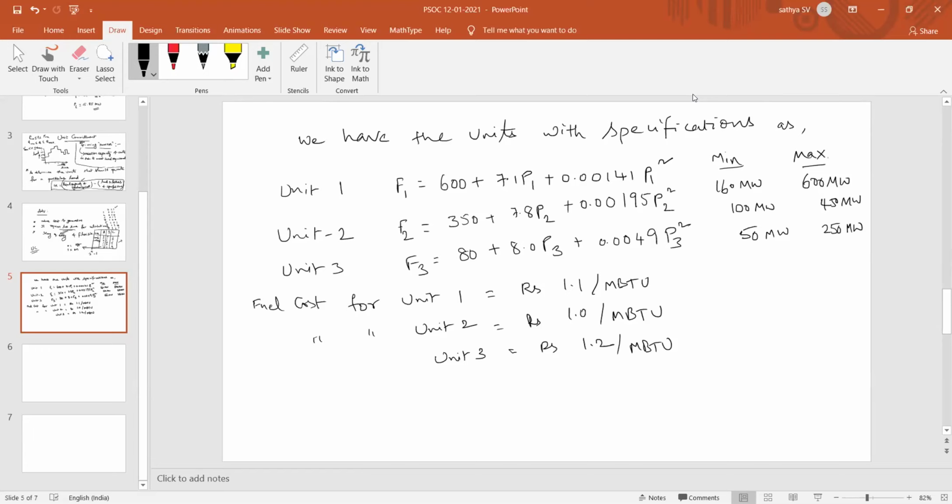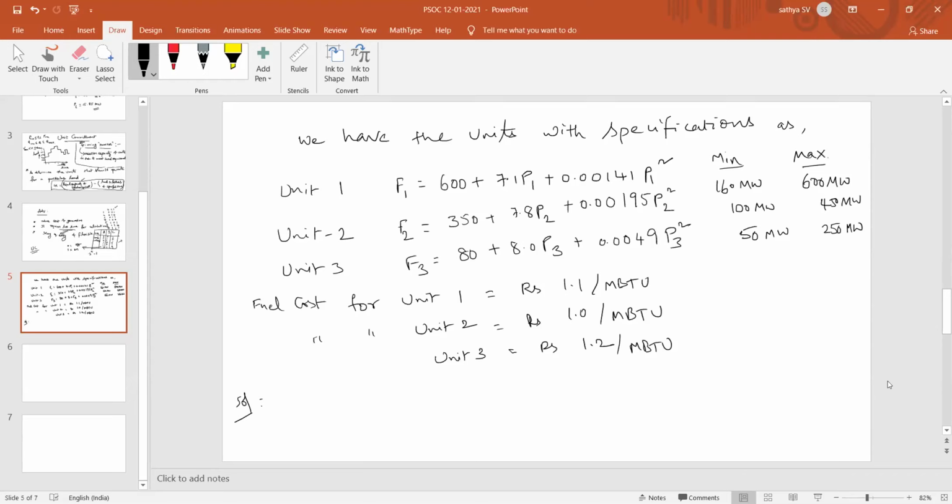All of you note down the solution. We need to calculate the full load average production cost for each unit: unit 1, unit 2, unit 3.